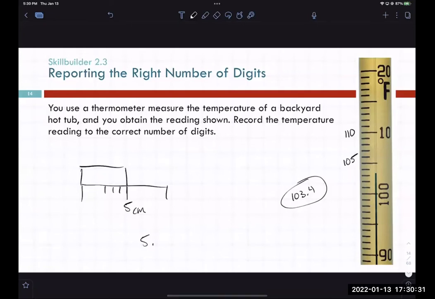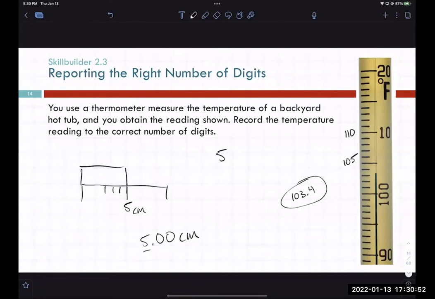So it'd be 5.00 centimeters. And you need to include both of those zeros, because otherwise, if you put 5, if we're assuming the last digit is estimated, now we assume that 5 is estimated. So you lose all the precision of your measurement.